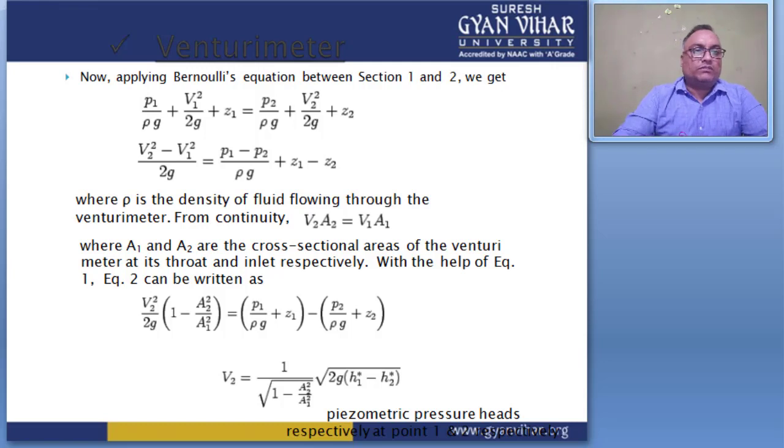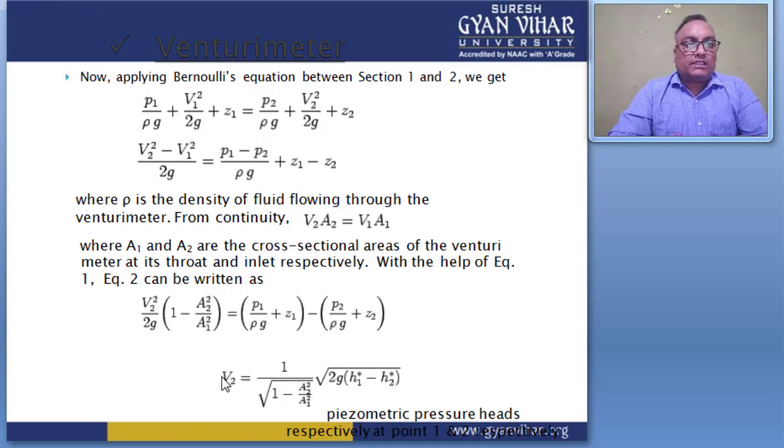So putting in V1, it will give the velocity V2 equal to 1 by the square root of 1 minus A2 square divided by A1 square, into the square root of 2g (h1 star minus h2 star), and these are the piezometric pressure heads at points 1 and 2 respectively.